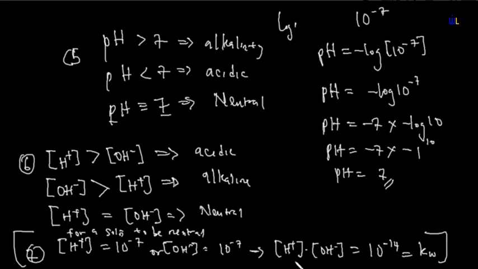Okay, be fast about it. Are you done? KW is the equilibrium constant, the ionic product constant of water. So that's that. Okay, now let's take this all out.